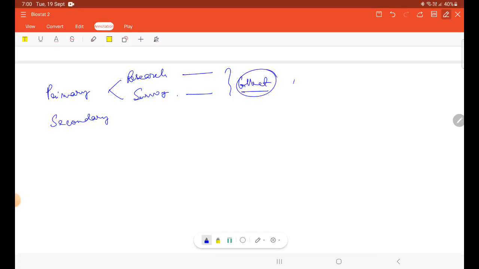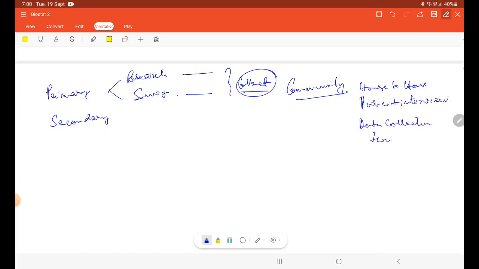Mainly it is collected from the community, or you directly go to people, traverse from house to house, patient interview, data collection through a questionnaire for a study. These are primary sources of data.